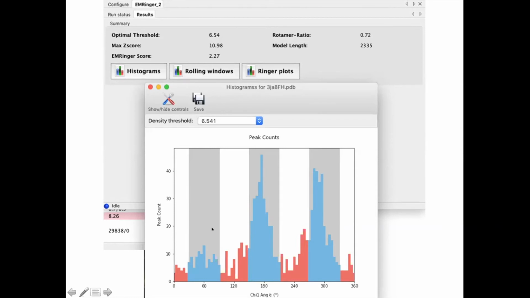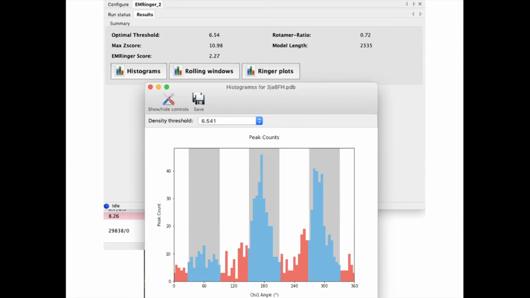It's actually both a map quality measure and a model to map criterion, because basically if your map is too broad or low or disordered, then you won't get this kind of good staggered distribution positions.